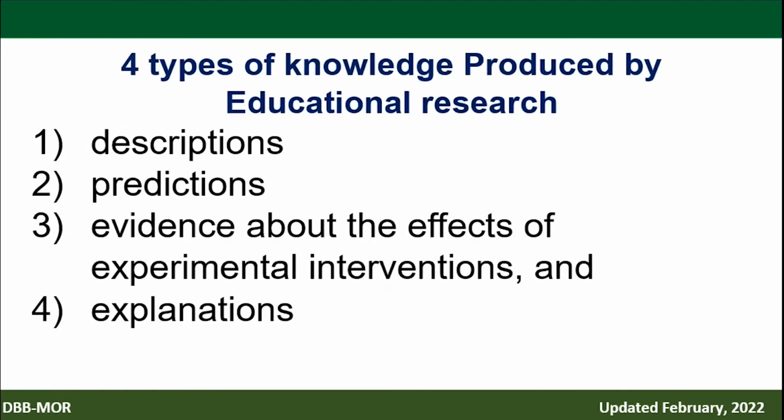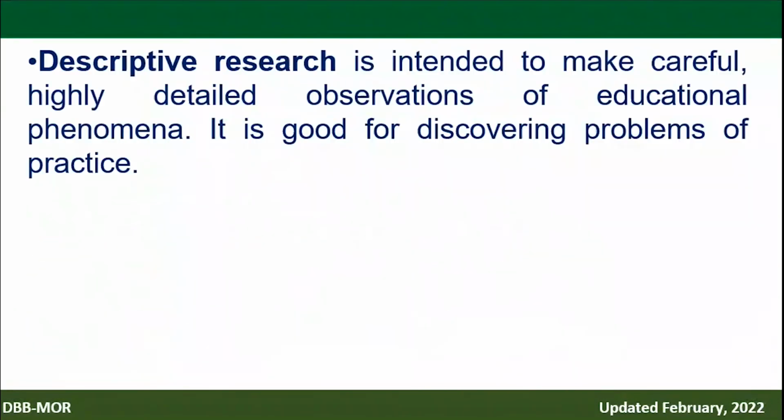So again, the four types of knowledge produced by educational research are the following: descriptions, predictions, evidence about the effects of experimental interventions, and explanations. So first, for the descriptions, descriptive research, you're going to describe what is happening considering the phenomenon in your research.